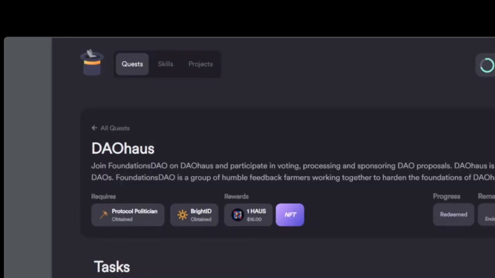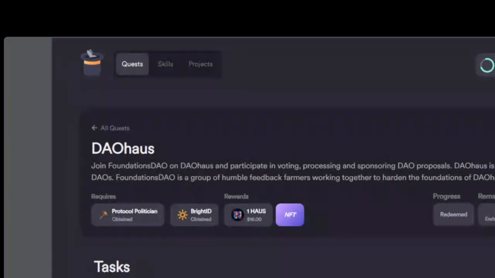So this is an example of a quest, and you can see at the top we have quests, skills, and projects. Quests right now are how we dog food our skills. But basically, if you were a user coming to Rabbithole, you would log in, and the first thing you would see is this quest pop up, which I believe is actually live right now.